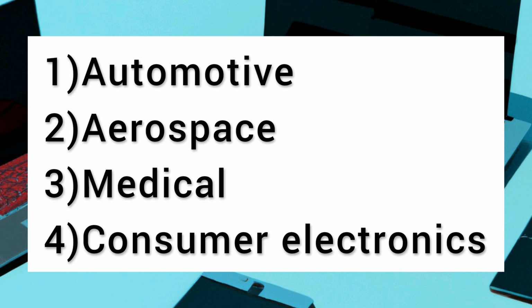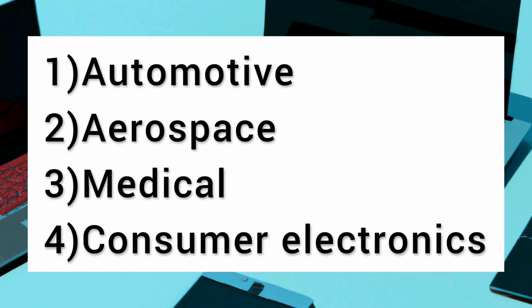In aerospace, there are flight control systems, satellite communication systems, and navigation systems. In medical, there are patient monitoring systems, diagnostic equipment, and implantable devices. And next is consumer electronics, which includes smartphones, laptops, tablets, and home appliances.